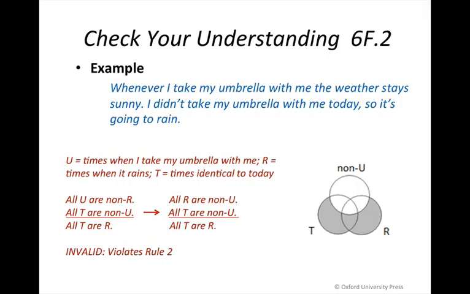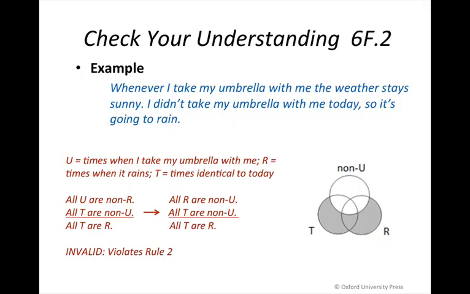All times I take my umbrella are times when it's non-rainy. All times that are today are times when I haven't taken my umbrella with me. Therefore, all times identical with today are rainy times.